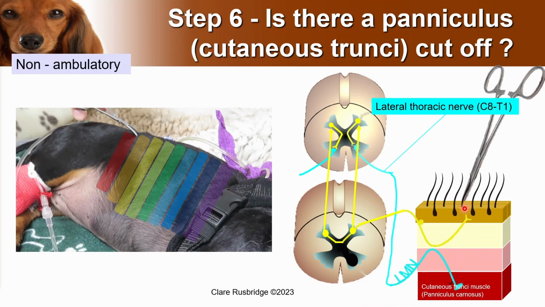So we have the sensation going from the skin, and then that relays up to the C8 to T1 region. It decussates, and so you get a twitch on both sides of the animal. It's stronger on the side of the insult, and that muscle twitch is innervated by the lateral thoracic nerve, which comes down to the region of the cutaneous trunci to activate that muscle and cause that muscle twitch.